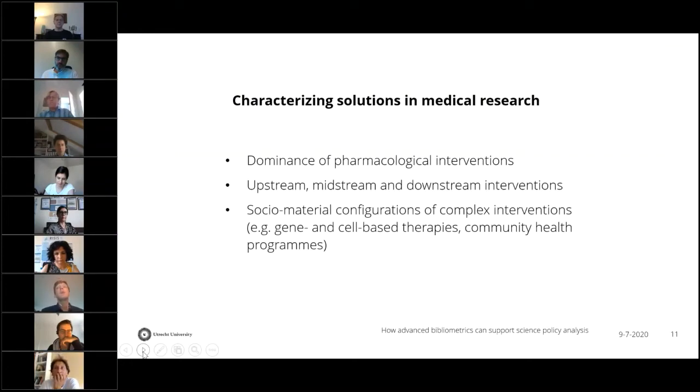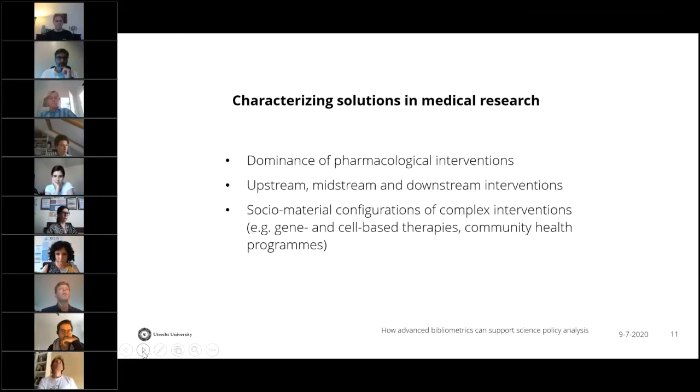And finally, and that might be the most challenging, is to see whether we can also use these bibliometrics to say something about social material configurations of complex interventions. If you look at the medical research field, we see that interventions and solutions become more and more complex and involve configurations of material and social elements, often also living materials.